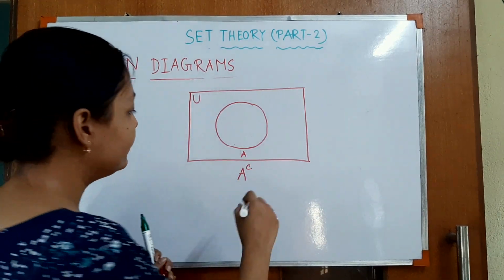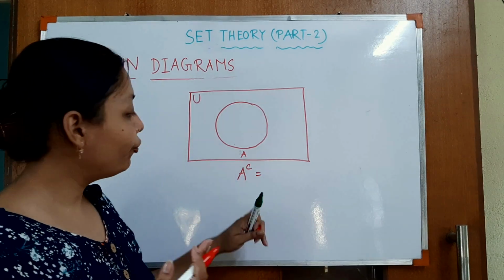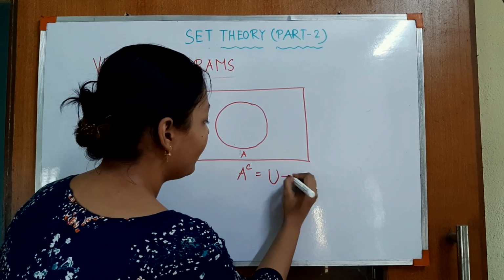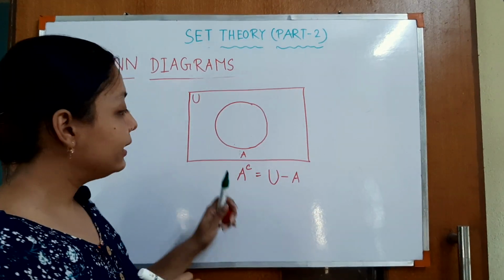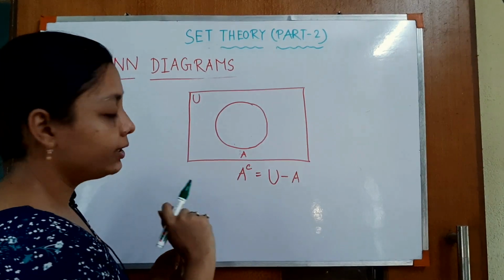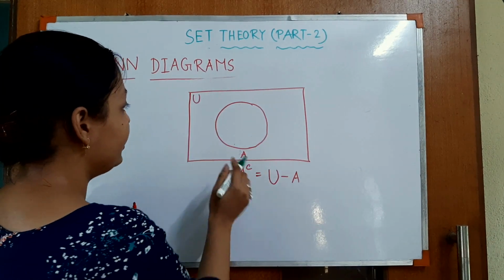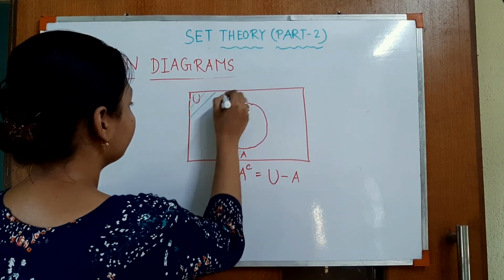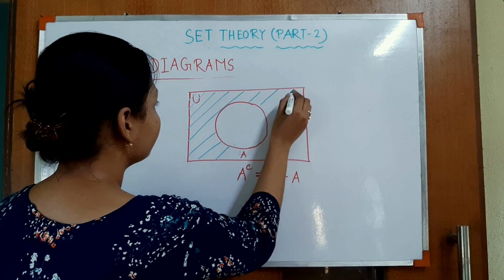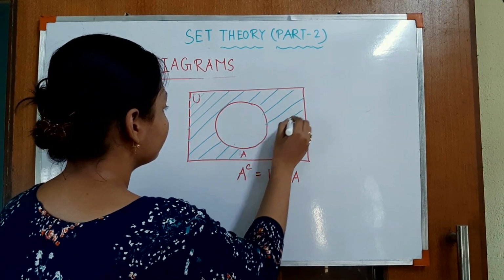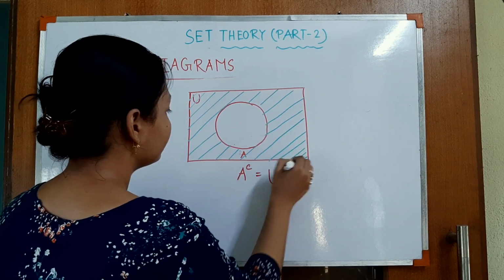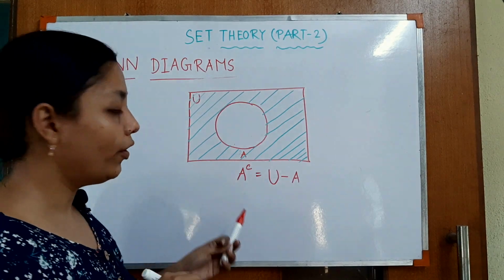A complement means if we remove this set A from this universal set, that is U minus A, then it is called A complement, and then the shaded portion is this. So this is the required Venn diagram for A complement.